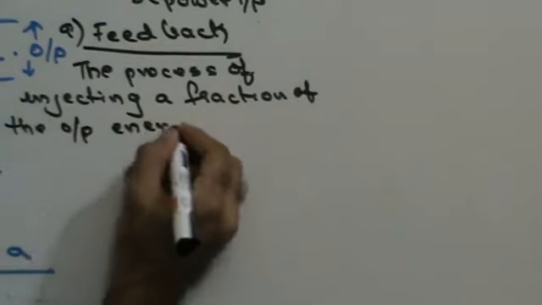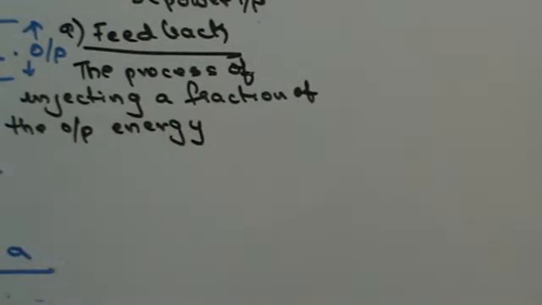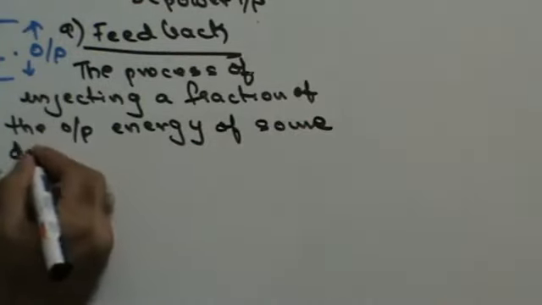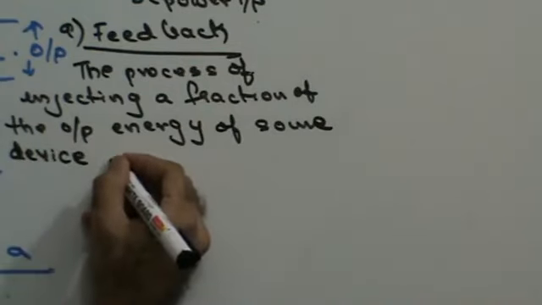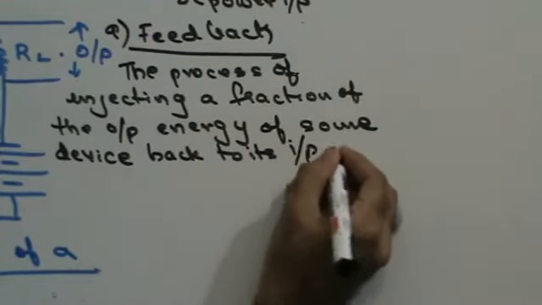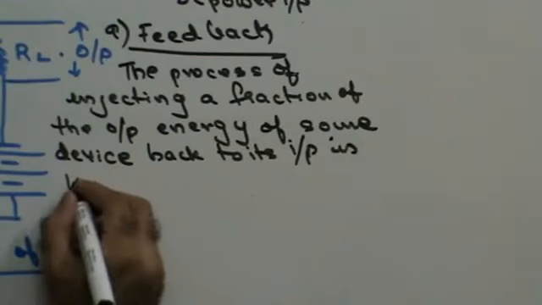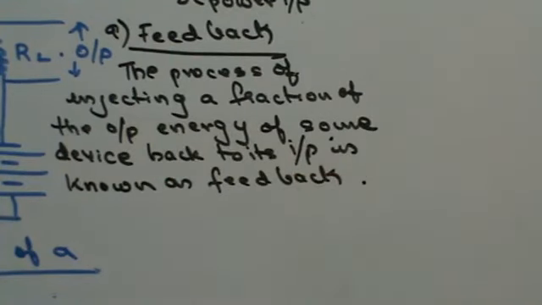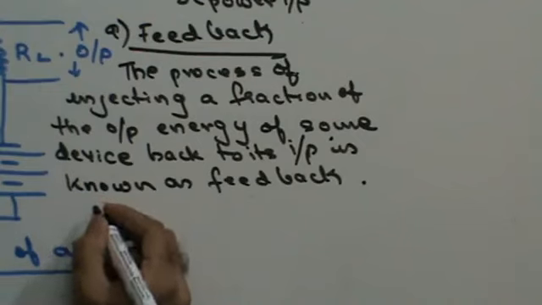The process of injecting a fraction of the output energy of some device back to its input is known as feedback. Right? Now, when we talk about feedbacks, there are two different types of feedback. I can have either a negative feedback or a positive feedback.